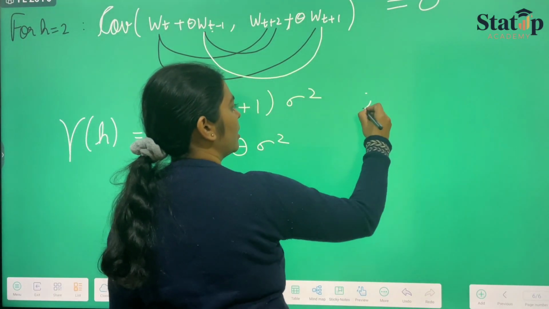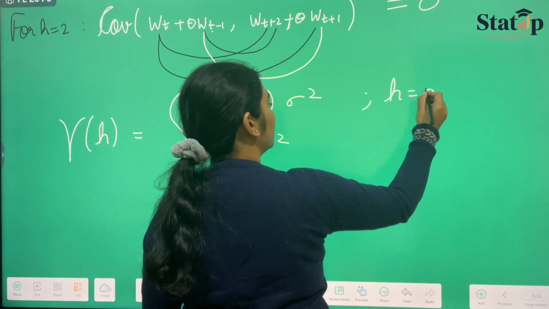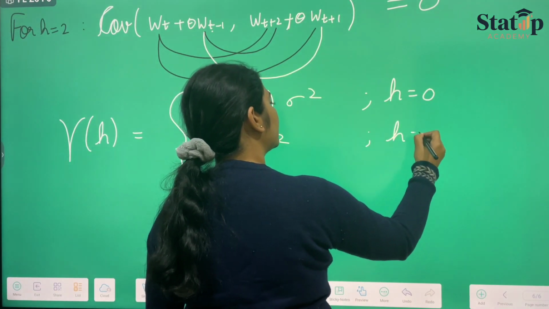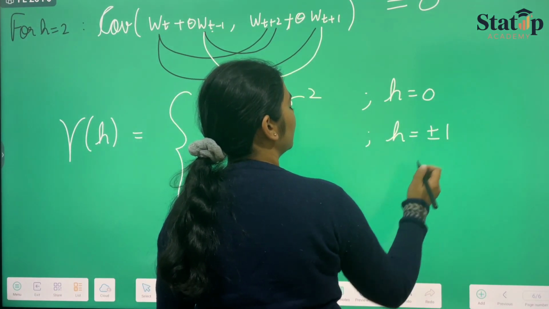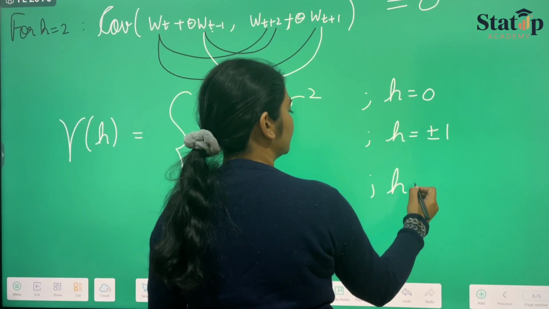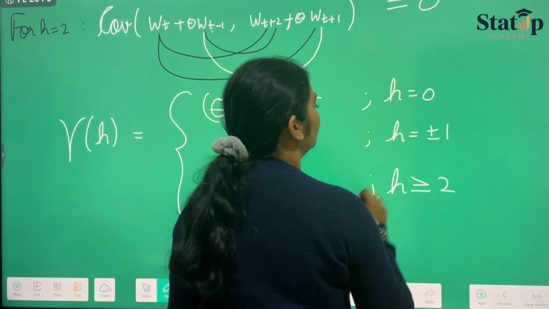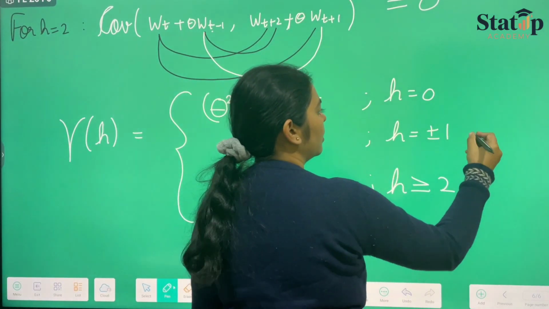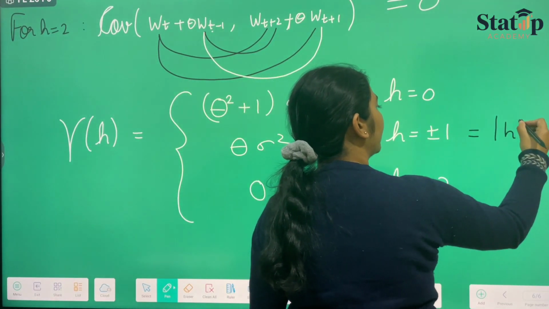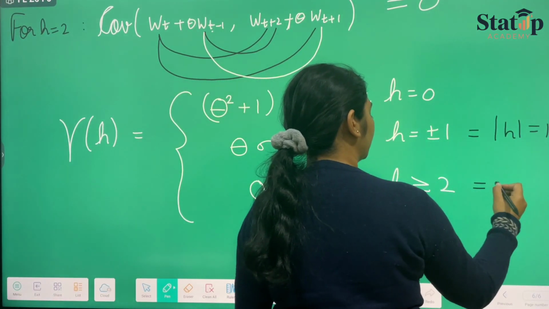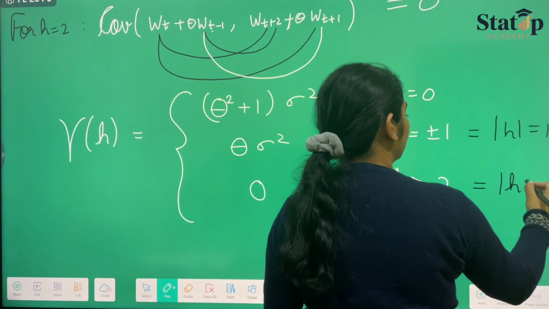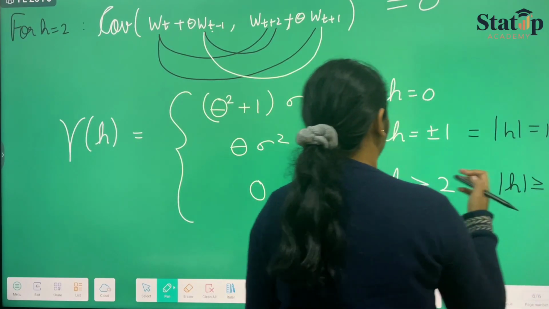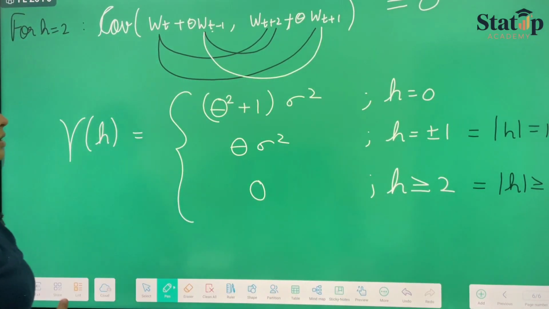This is when the lag is 0. This is when the lag is plus minus 1, and this is when the lag is greater than or equal to 2. We can also write this as modulus of h is equal to 1, and we can also write this as modulus of h is greater than or equal to 2. Anything you write, your answer is correct. So this is our autocovariance function.